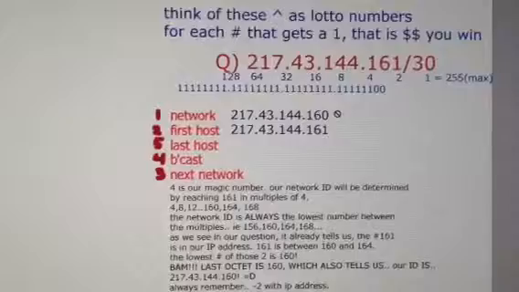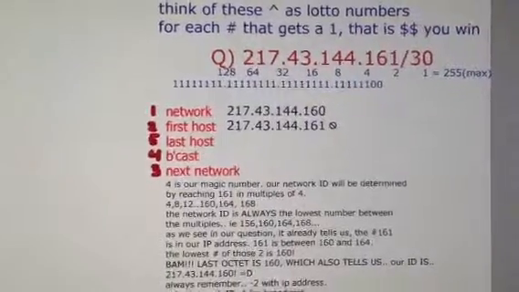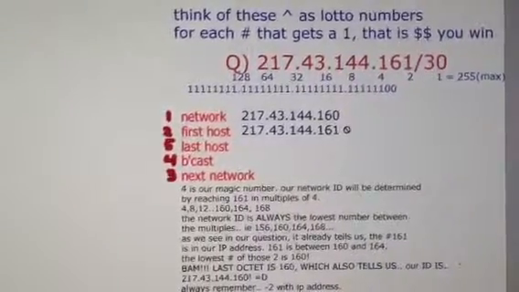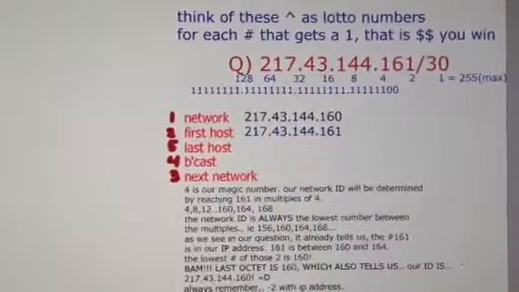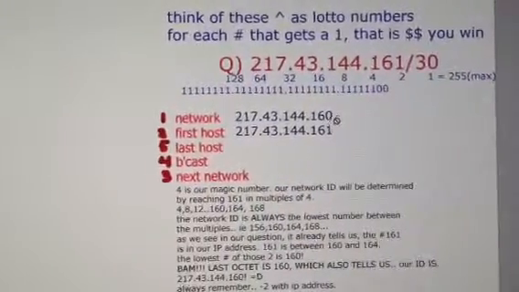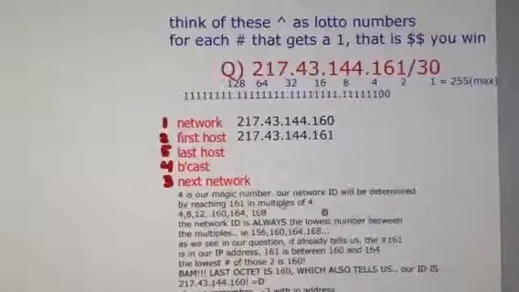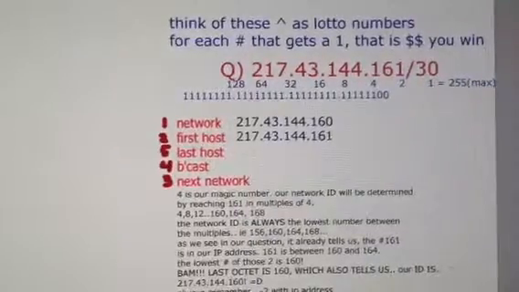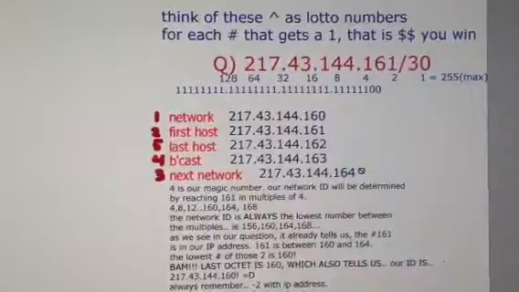Guess what? 160 plus 1 is 161. It's been a long day. Don't judge me. Knowing that, take 160 plus our magic number 4, and that will give us our next network ID, 164.